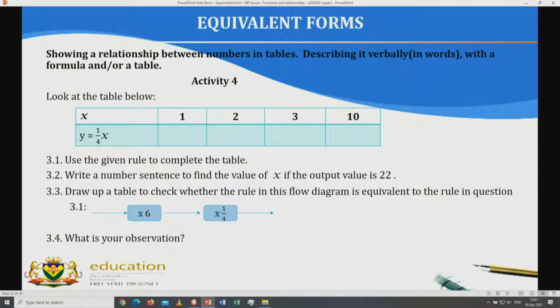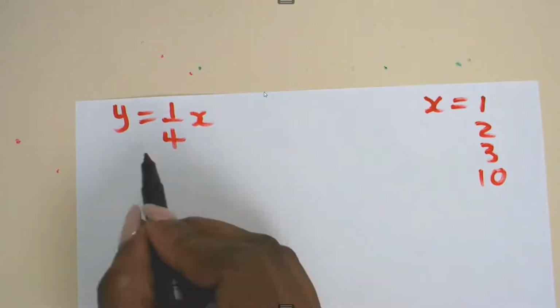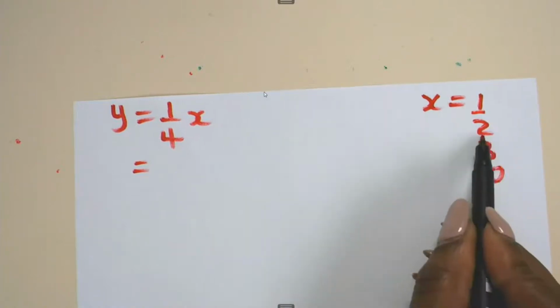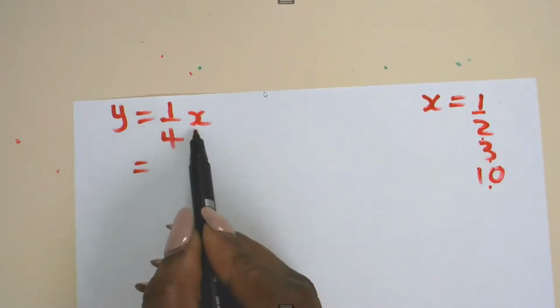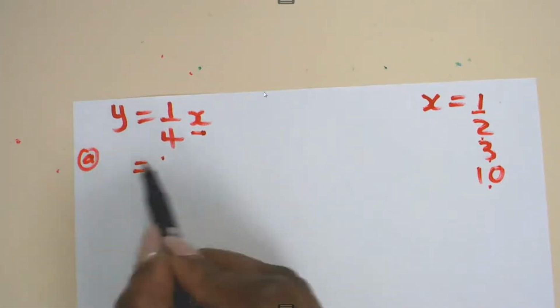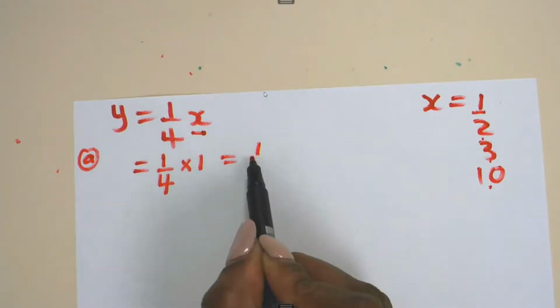Let's work out the first one. The x values are 1, 2, 3, and 10. Then the rule is y equals a quarter x. Now, we are going to substitute 1, 2, 3, 10 in place of x. Then the first one, we are having a quarter multiplied by 1, then the answer will be a quarter.